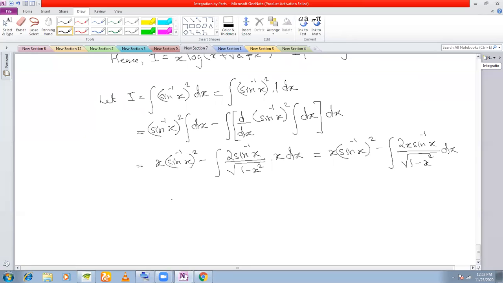So this minus one 2x in is not there. Plus 2 is there. plus 2 I gave. Which one I gave? Uh, I can see a 2x there. Twice sin inverse x by root 1 minus x square into x. Yes, this is okay. What is your question? Tell me what you want to know.